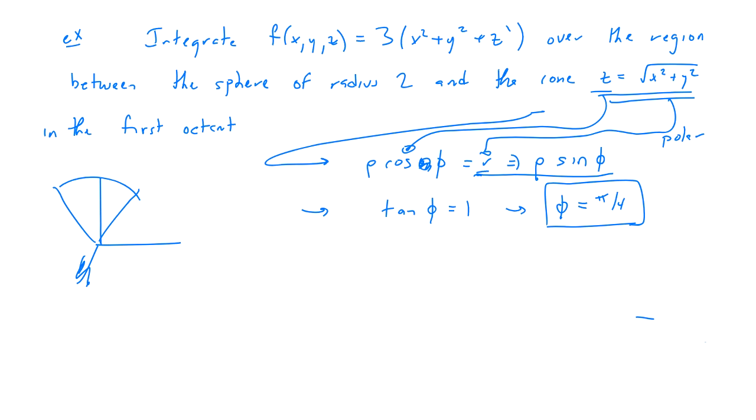I could have gone straight to spherical and said this is the square root of rho squared sine squared of phi cosine squared of theta plus rho squared sine squared of phi sine squared of theta. Notice that simplifies to rho squared sine squared of phi, and the square root becomes rho sine of phi, but I went through r instead. So it's a conversion where I went through polar coordinates.